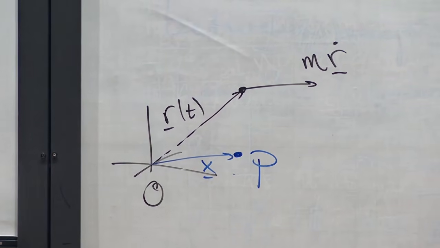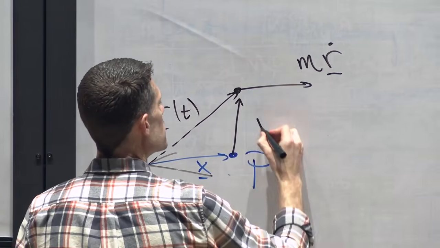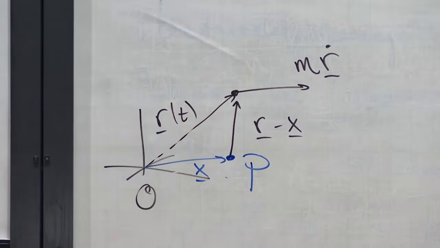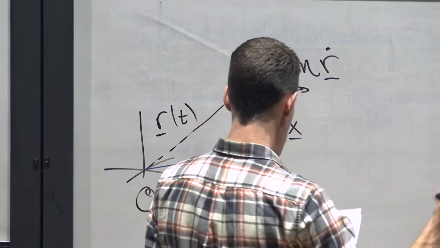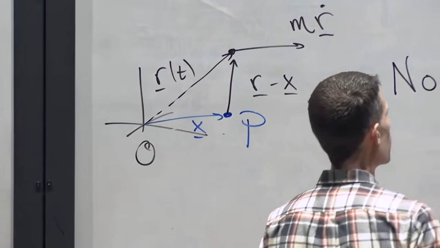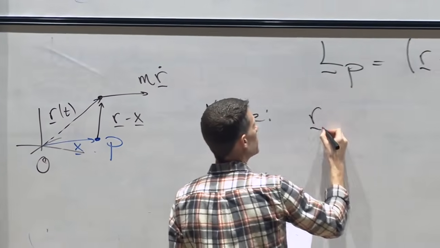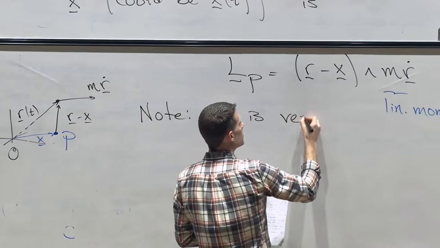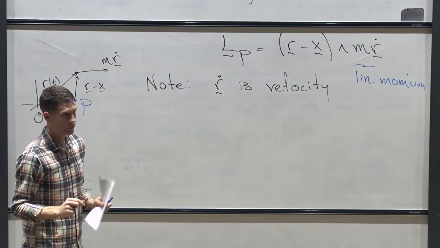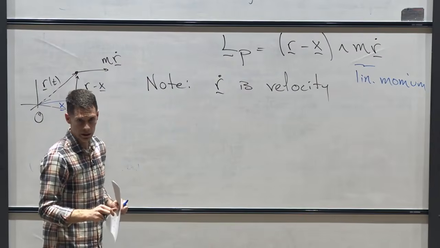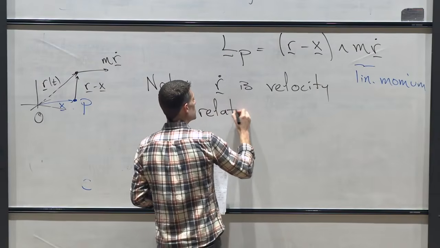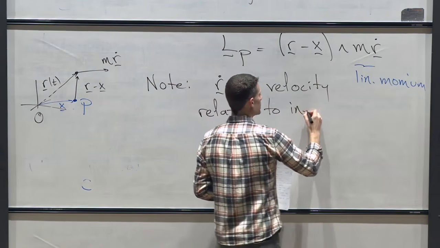And so what we're doing is taking this vector r minus x cross that one. Okay. So note, r dot is the velocity in an inertial frame. We need to say that again. And in particular, when we get later to the course, this is going to be really important to keep in mind. Relative to an inertial frame.